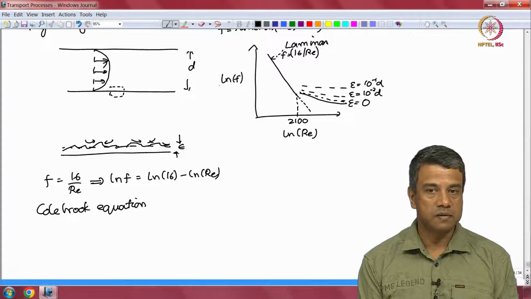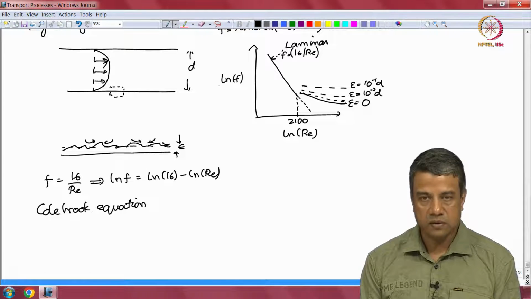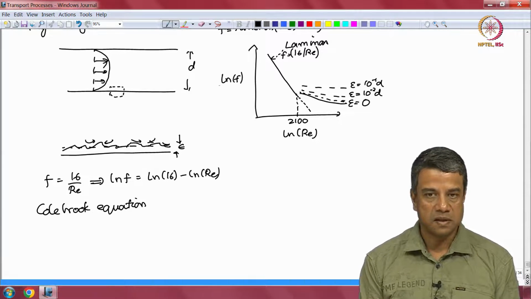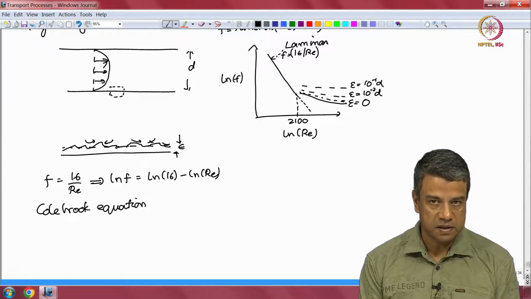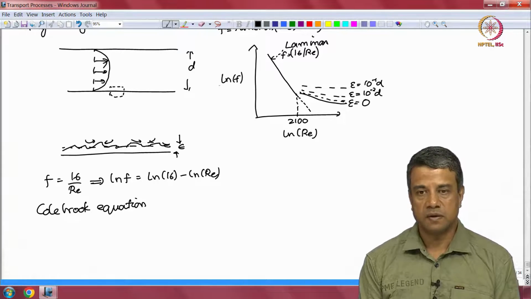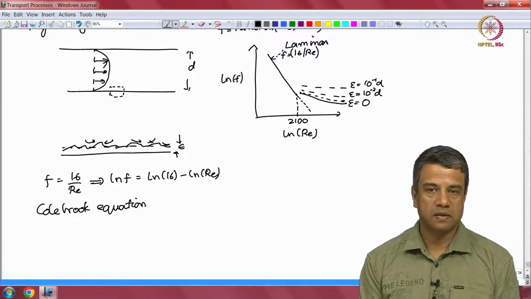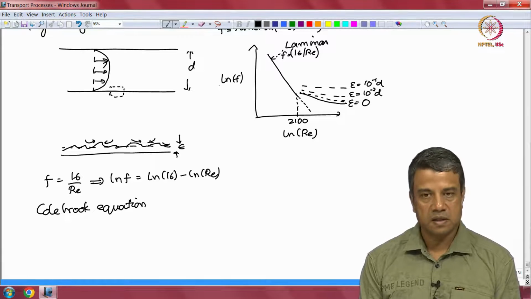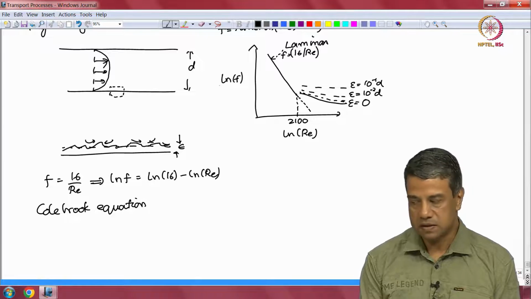It is not derived from fundamental equations, but by fitting the data for turbulent flows. I should also note that this is a classical correlation. There have been several improved versions of this correlation over the years, and so if you are actually using this in order to predict the friction factor, it is preferable to use one of the newer correlations which has a better fit to the data. This correlation is useful because of its simplicity, and so I will just discuss that in this context.